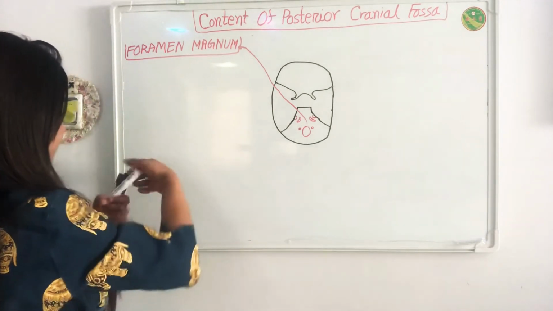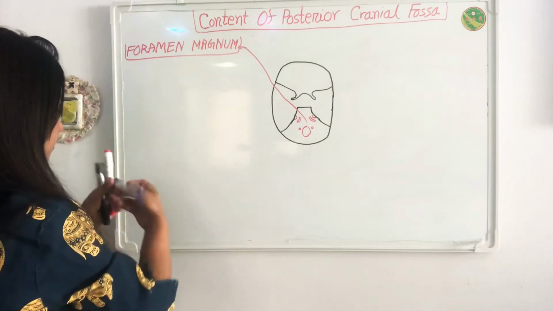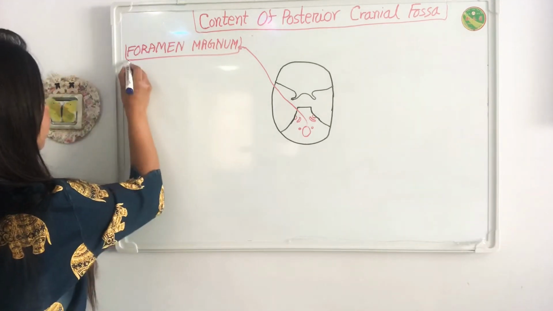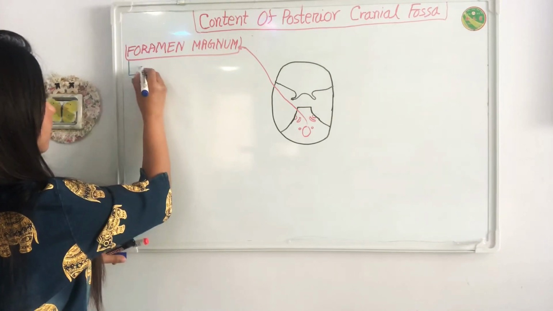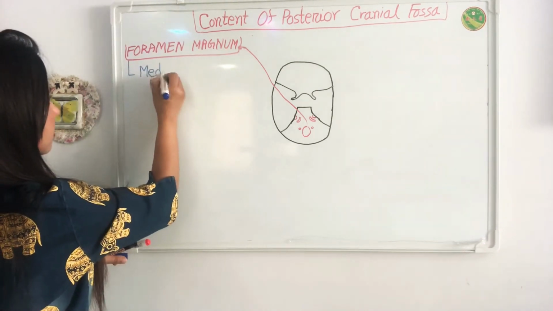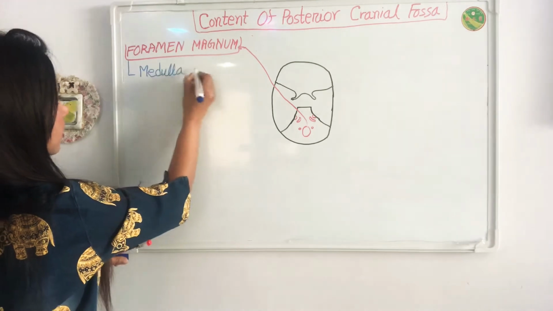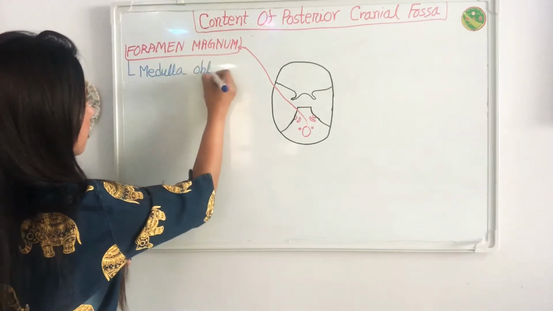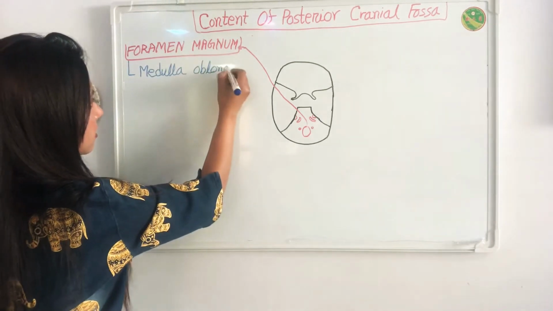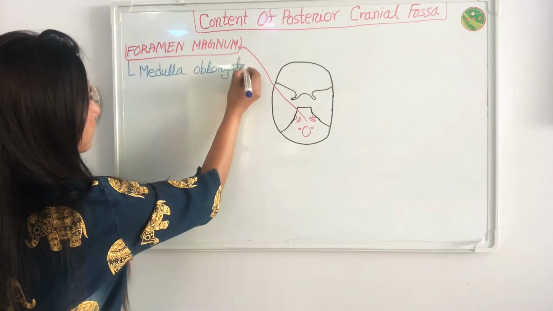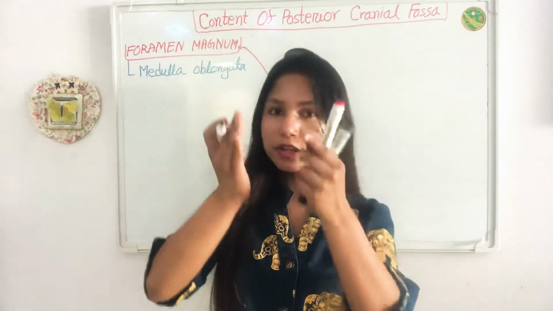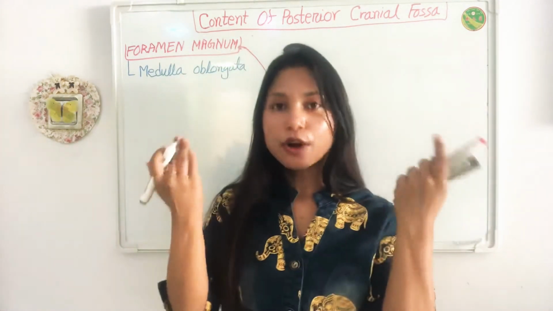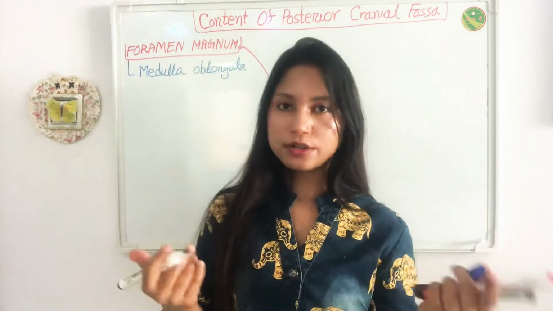Through this passes the medulla oblongata. The medulla oblongata passes through the foramen magnum and continues as the spinal cord.